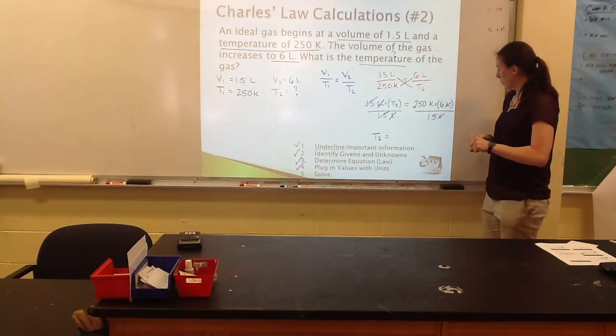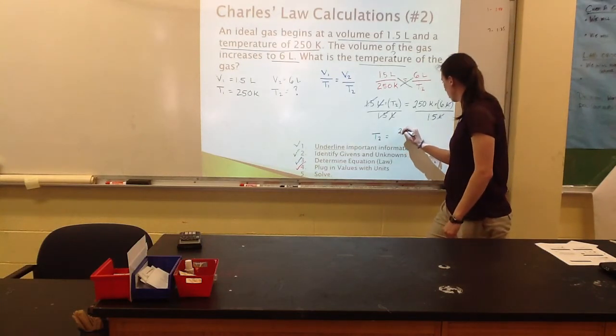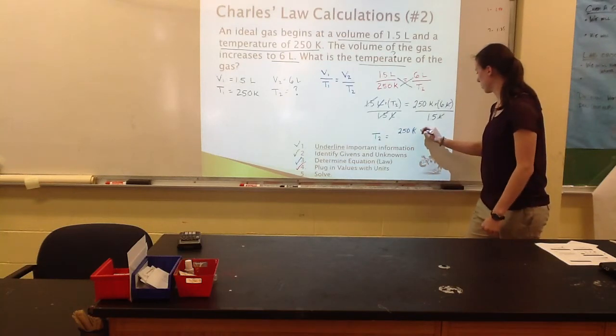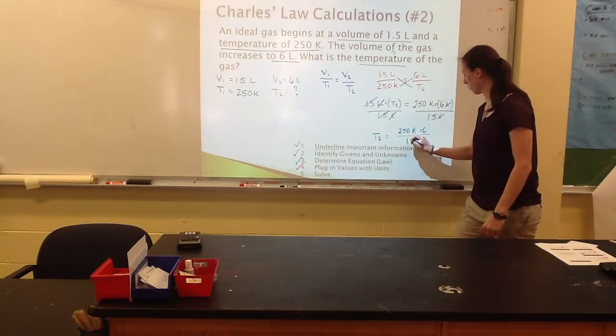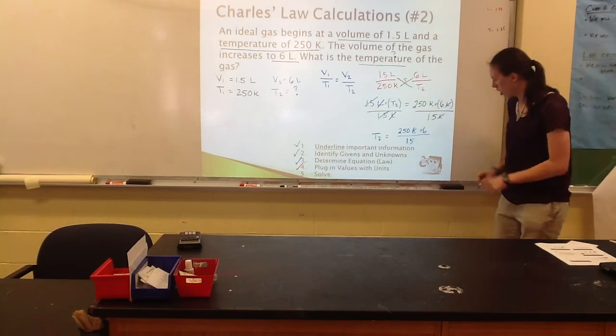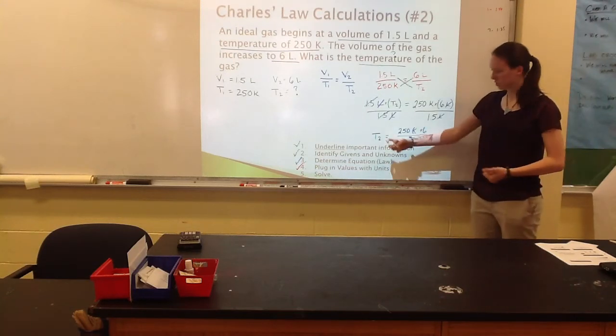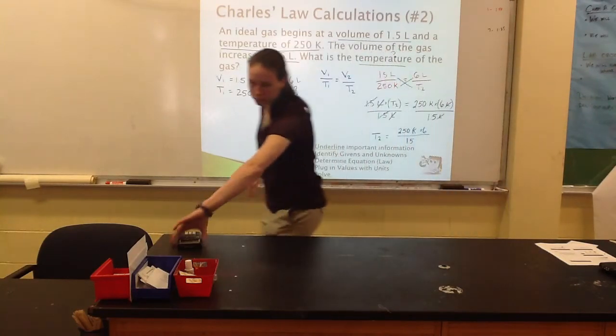And on this side, we have 250 Kelvin times the 6 divided by 1.5. Notice the only unit left over is K. We know K is Kelvin, which is the temperature, so we're looking good so far.